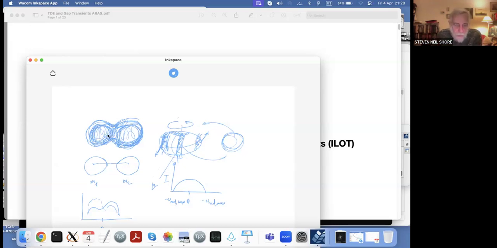Eventually, the more massive star, and the mass ratios here are not 1-to-1. They're very often as large as 2-to-1. The more massive star is clearly going to evolve more rapidly.